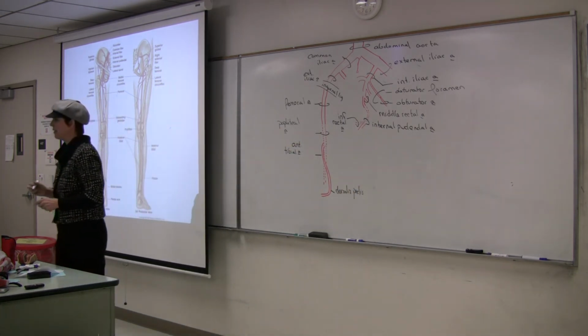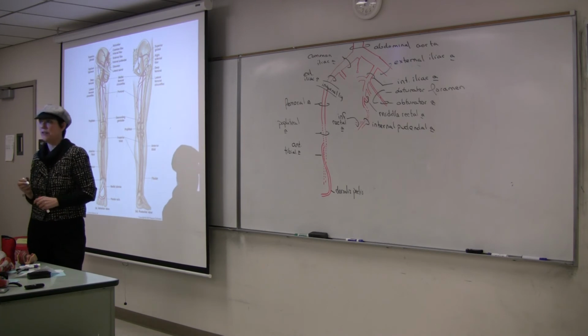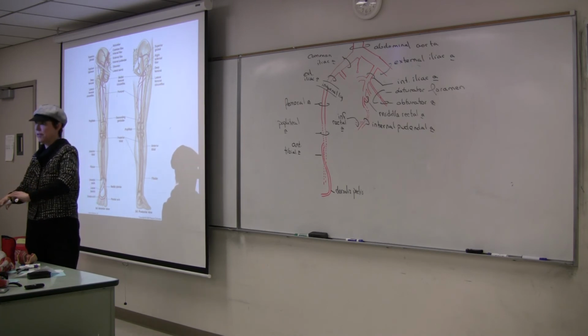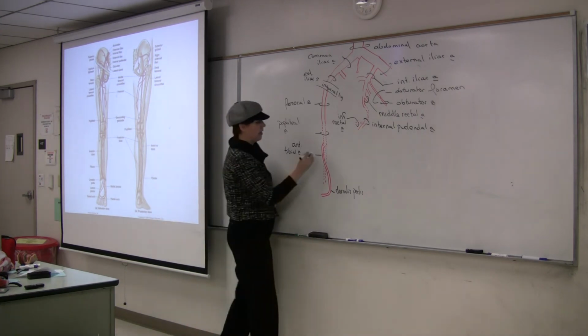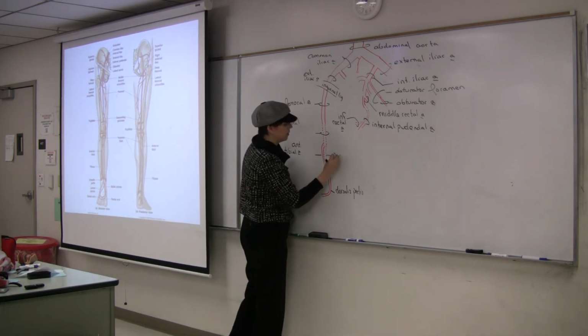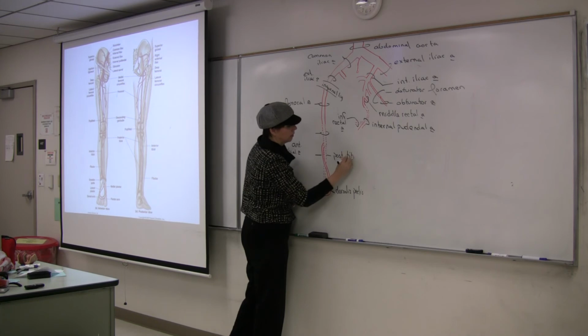We'll try to find it on Tuesday. You can try to find it over the weekend. It's medial. So between your foot and your big toe, try to feel along that area and see if you can find a pulse. And then this one is the posterior tibial artery.